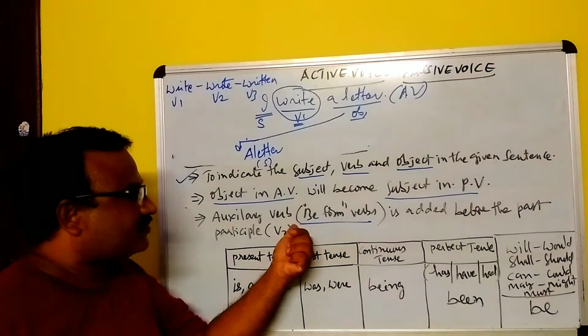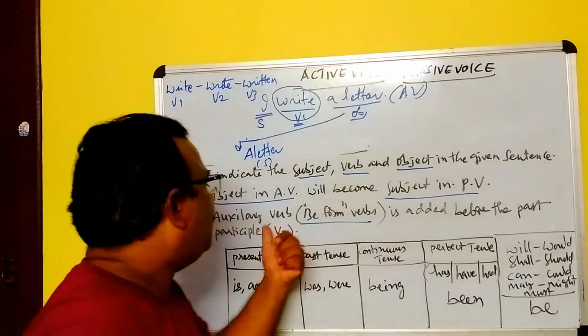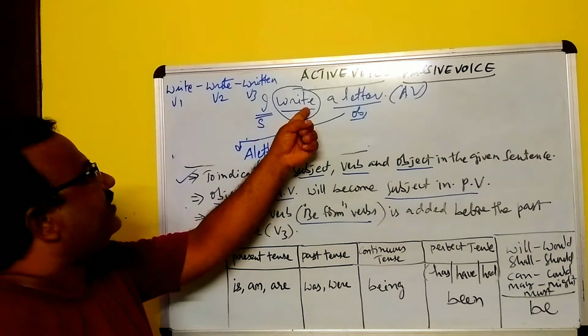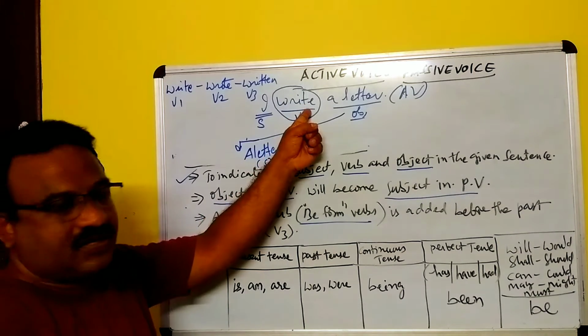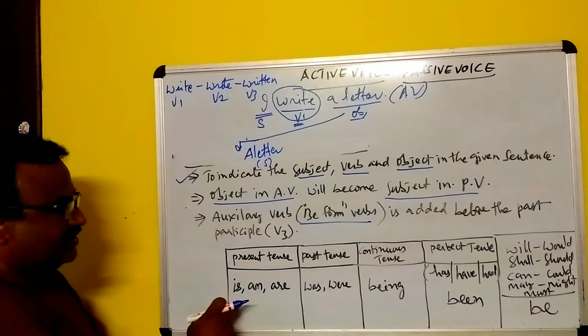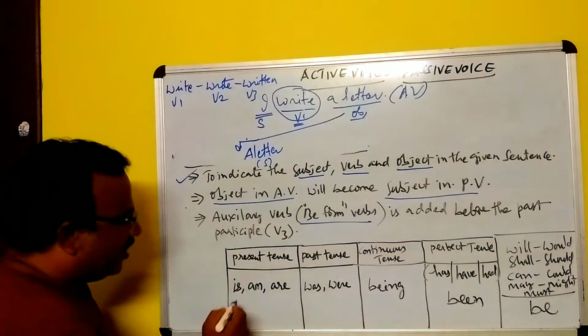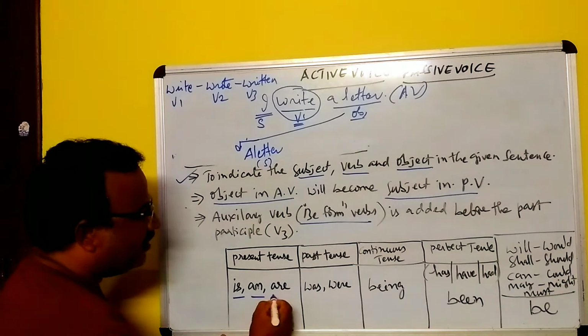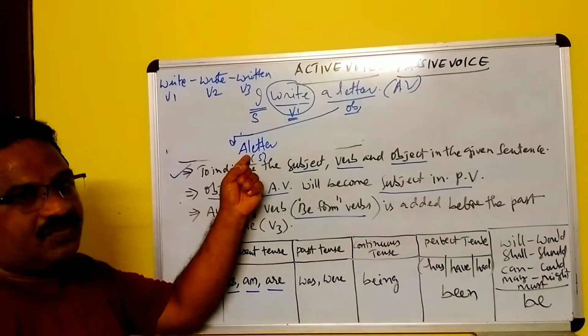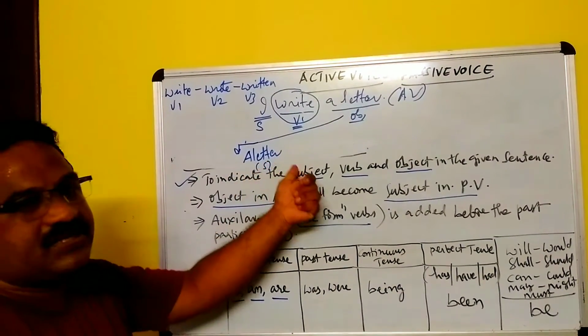So, what is the third rule? Auxiliary verb, be form verb is added before the past participle. So here, write is present tense. For present tense, some table is there. For present tense, be form verbs are is, am, are. Here, a letter is third person singular.